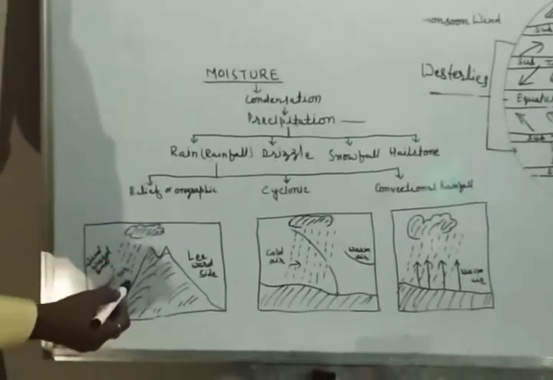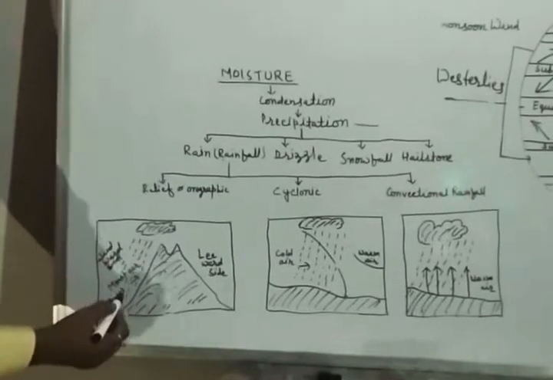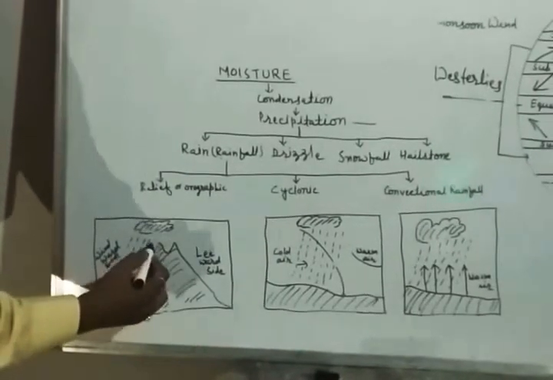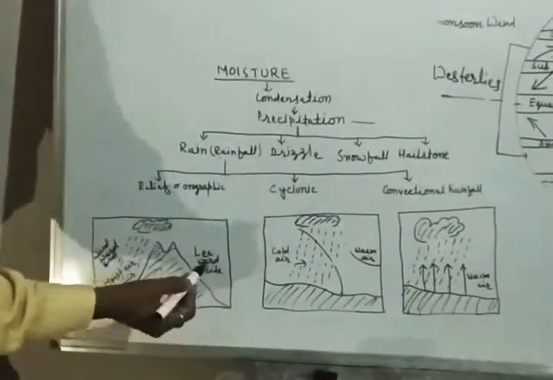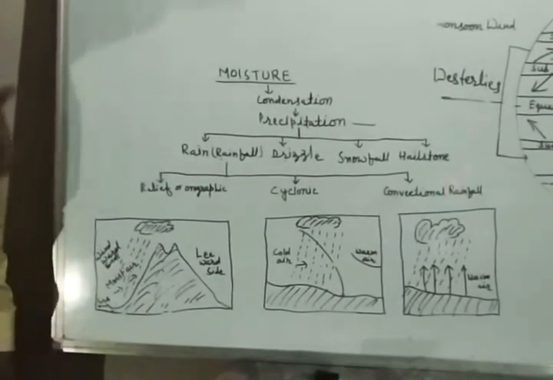The front side of the mountain, called the windward side, receives more and more rainfall, but the back side of the mountain, called the leeward side, receives very little rainfall.